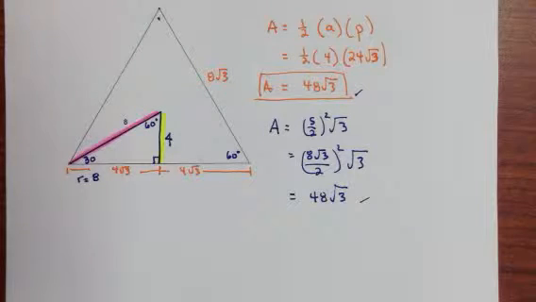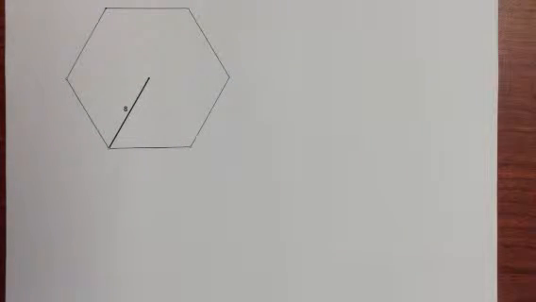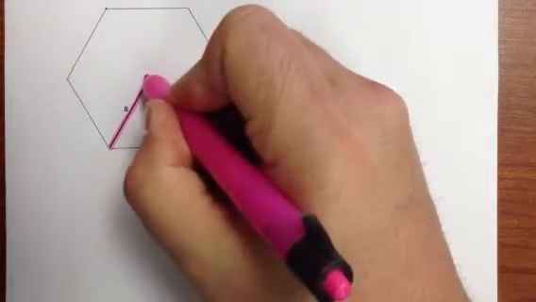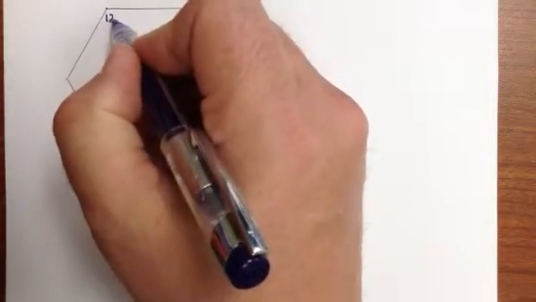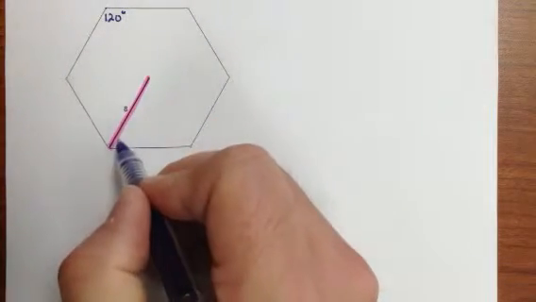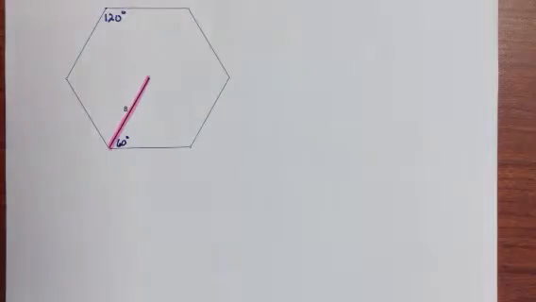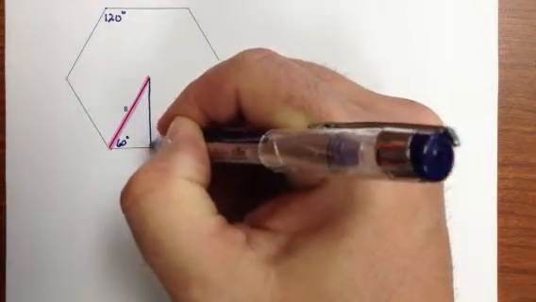Okay, one that's very similar, and you need to really go carefully, is the hexagon. This is a regular hexagon. Once again, I have a radius of 8. Radius of 8, I want to find the area. Each angle of the regular hexagon is 120 degrees. 120, 120, 120. Radius bisects it. Just like last time, I want to drop an altitude.